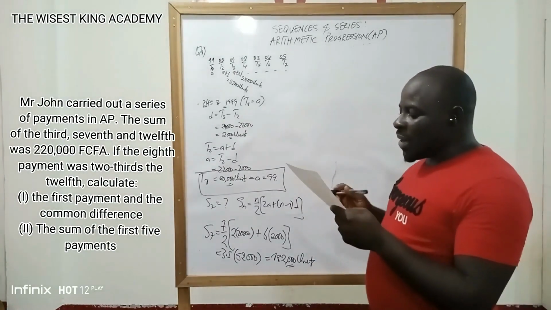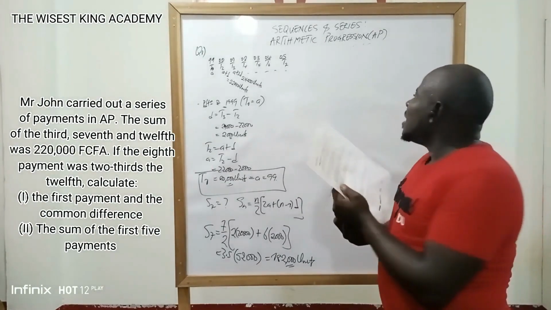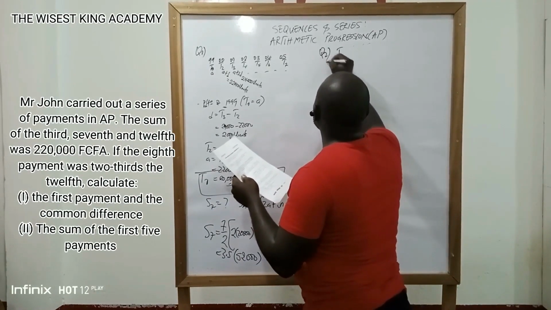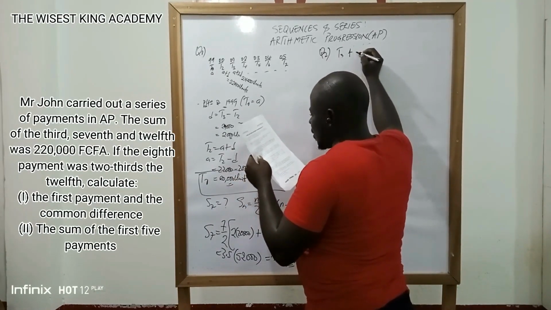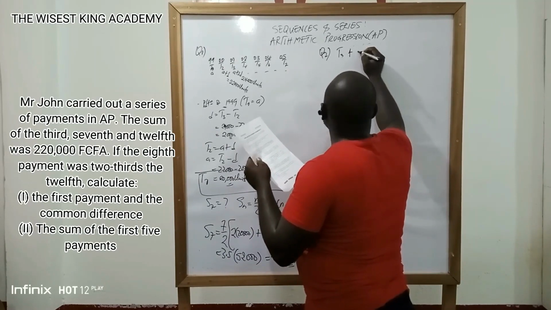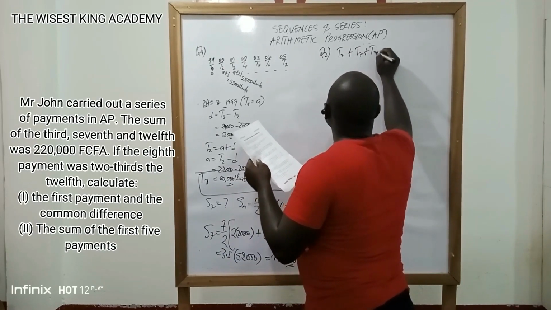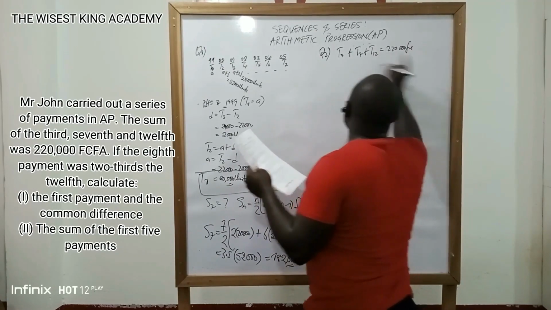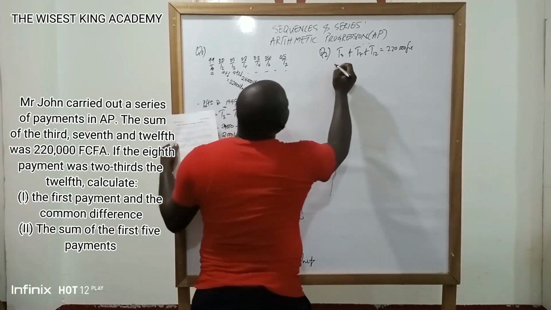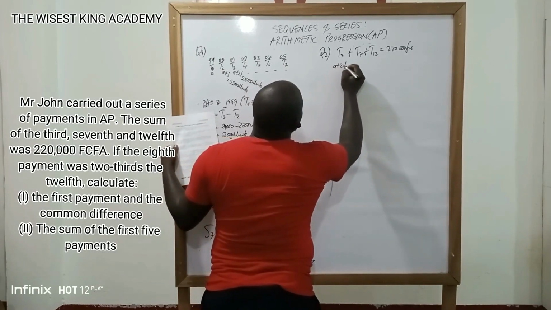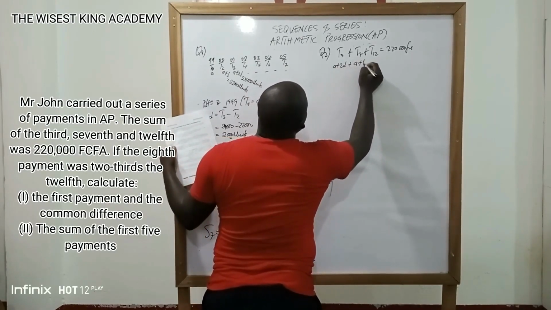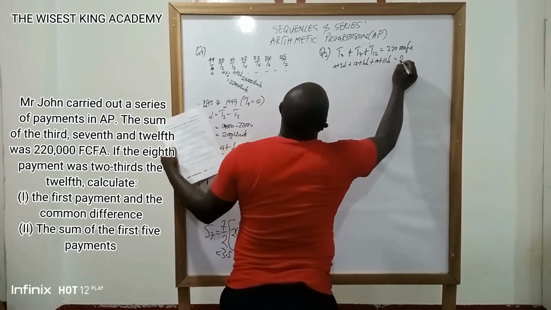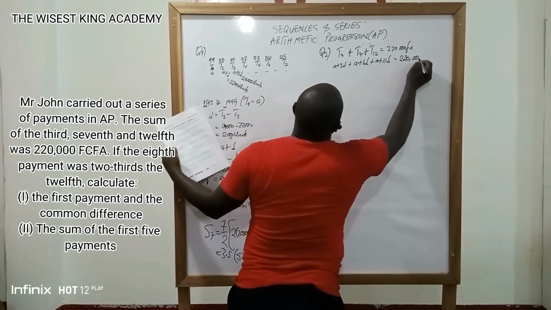Now, Mr. John carried out a series of payments in April. They said the sum of the third, T3, this is question 2, T3 plus T7 plus T12 is equal to 220,000 francs. Don't forget, T3 is equal to A plus 2D, T7 is A plus 6D, and T12 is A plus 11D, and all of this is equal to 220,000.